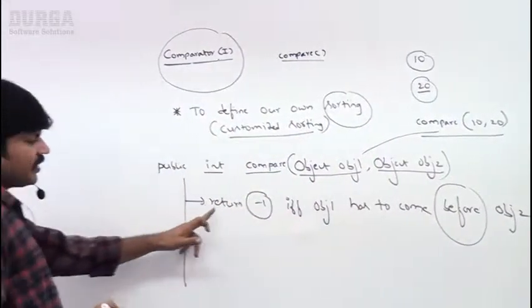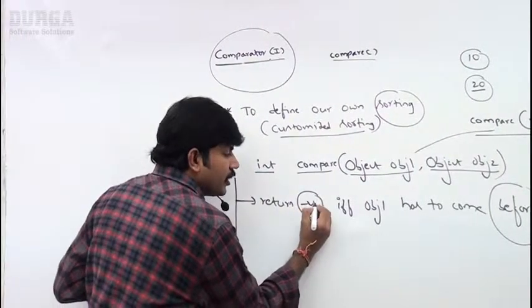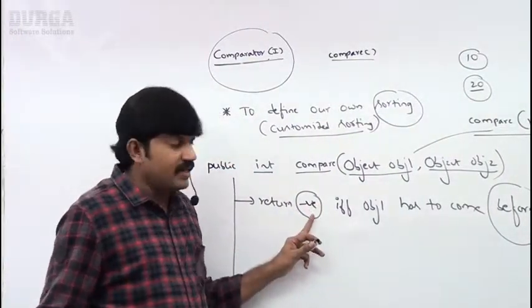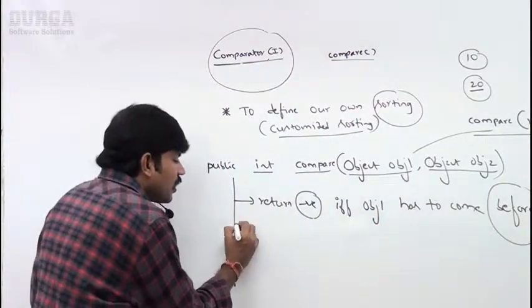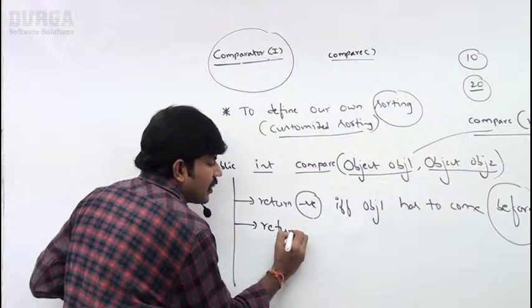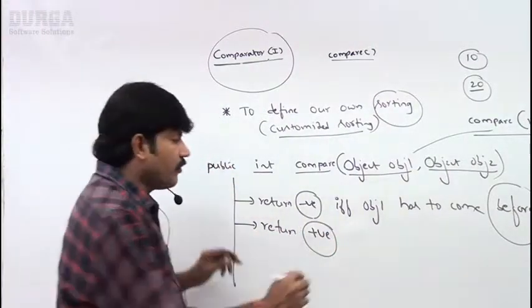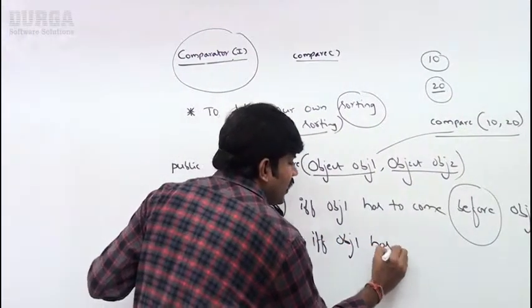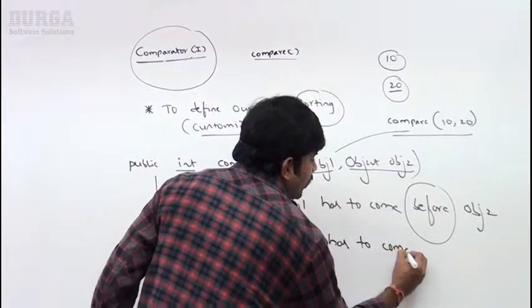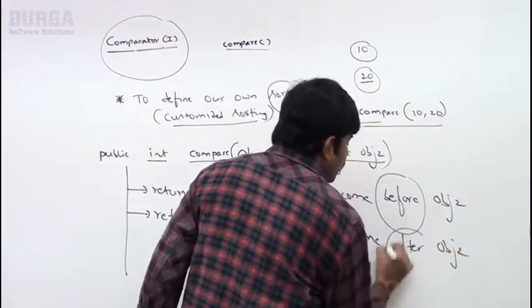Return a negative value, it may be -1, -100, anything, if OBJ1 has to come before OBJ2. Return a positive value if and only if OBJ1 has to come after OBJ2. Observe that very carefully.